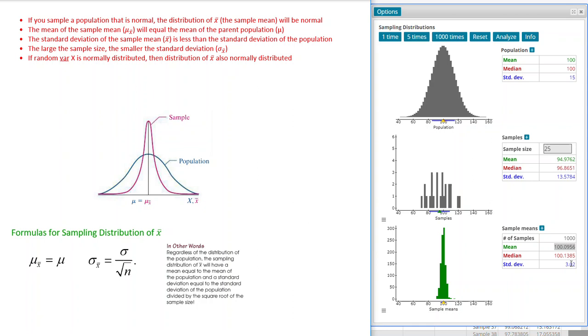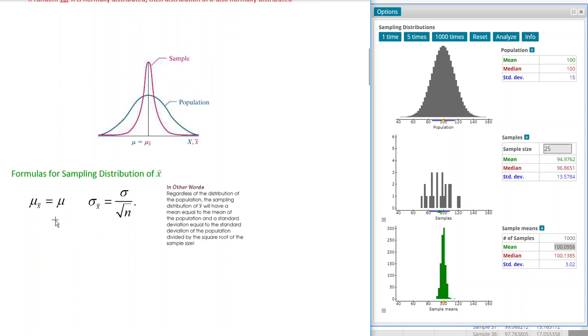And then finally, if we have a random variable x, which is what we started with from our population, as long as that is normally distributed, then the distribution of our sample means is also going to be normally distributed. So what we're saying in red over here in words is what we saw happen in the simulation from StatCrunch.